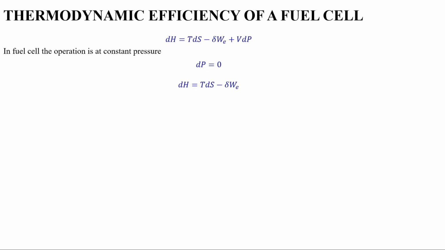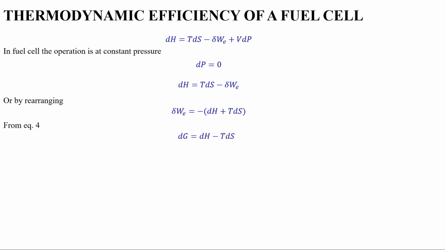Now we are going to rearrange this equation. We can also write delta WE, which is the electrical work, as equal to minus dH plus TdS. Now remember the differential change in Gibbs function for a constant temperature process.